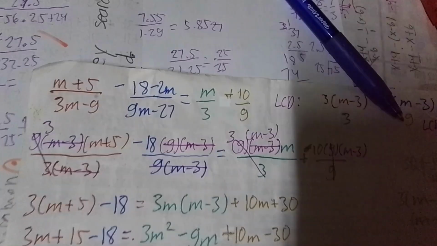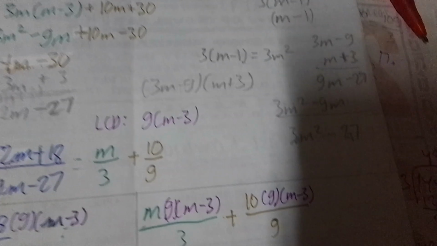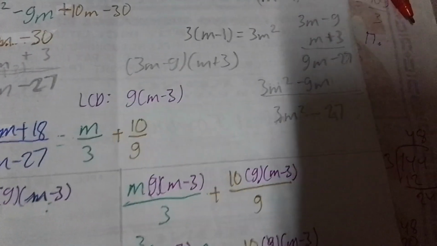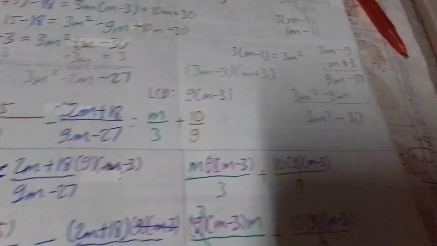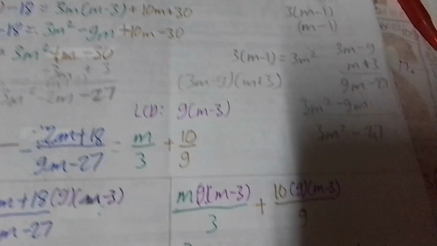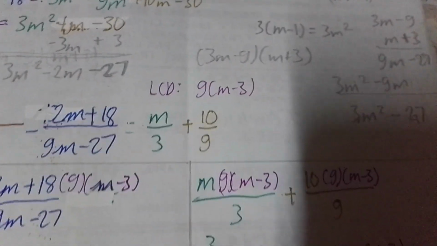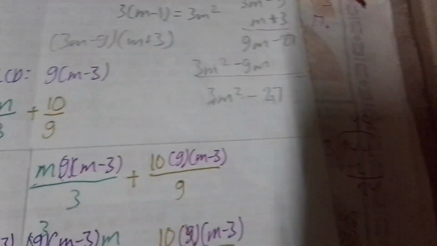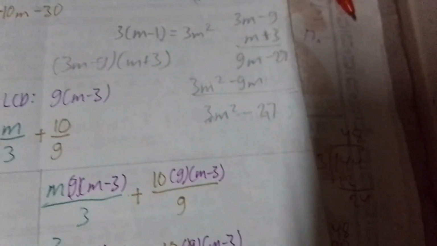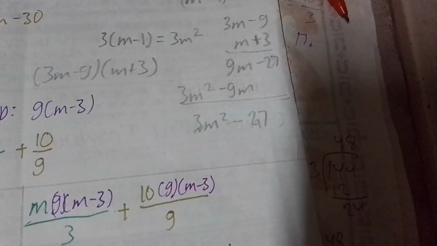And then on the green term, we have m divided by 3. So we multiply by the LCD, which is 9 times m minus 3. The m minus 3 is still there, but we have to divide 9 by 3, so 9 divided by 3 is still 3. So it's 3m times m minus 3. On the last side, the yellow, we have 10 divided by 9. The 9's cancel and we're just left with m minus 3.